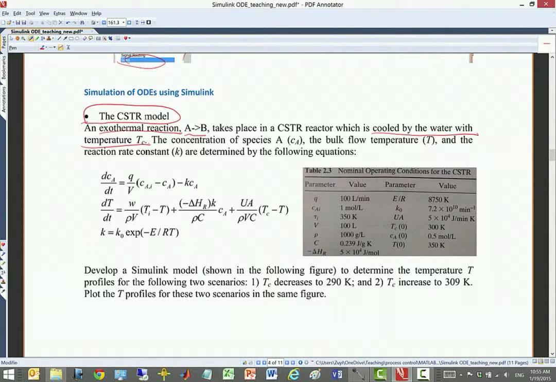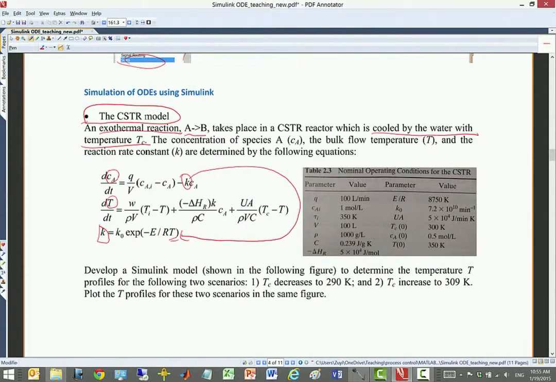Here we have the differential equations for Ca and for temperature, and the rate constant changes with temperature following the Arrhenius equation. You can see that Ca is influenced by the temperature, right?